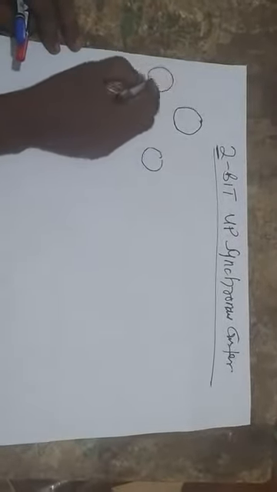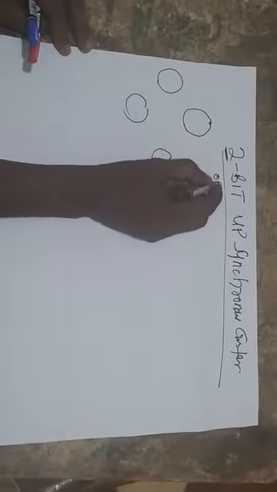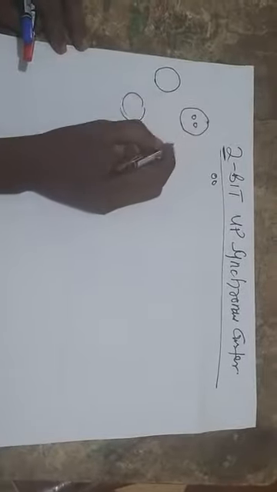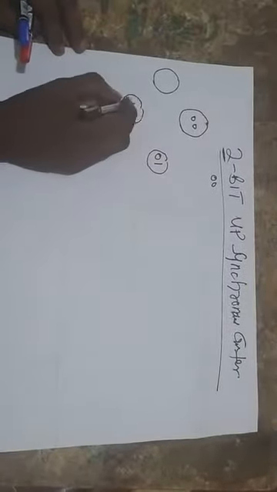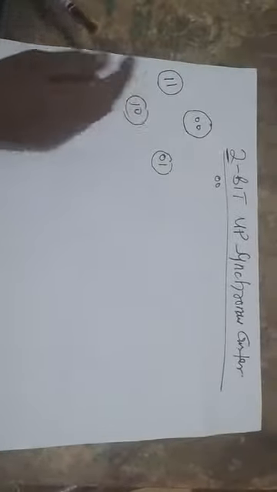Note that in 2-bit we have 0 0, 0 1, 1 0, and then 1 1. That is why we have 4 states. So we have 4 states in designing the 2-bit synchronous counter.